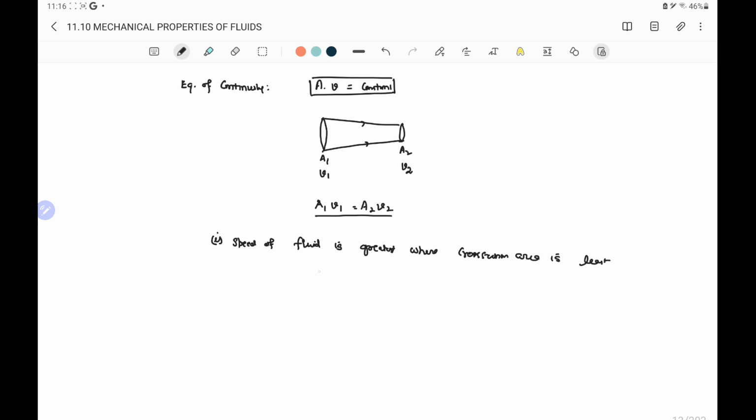So from the figure we can say that A1 is greater than A2. This implies that V1 is lesser than V2.